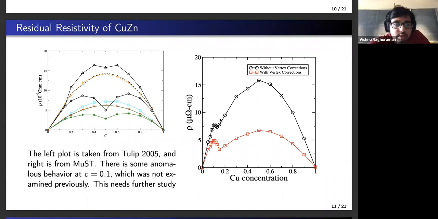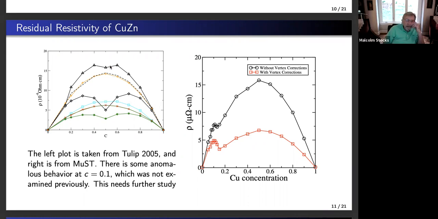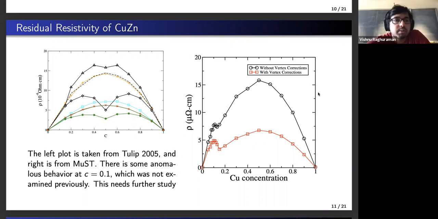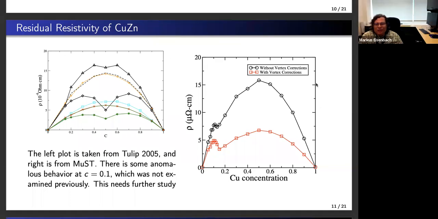Yeah, I think they're kind of close. Yes. Probably 0.5 to 1 microohm centimeter, maybe maximum difference. I was trying to do sort of the comparison, but it would be nice to see them on the same scale, on the same plot or so.